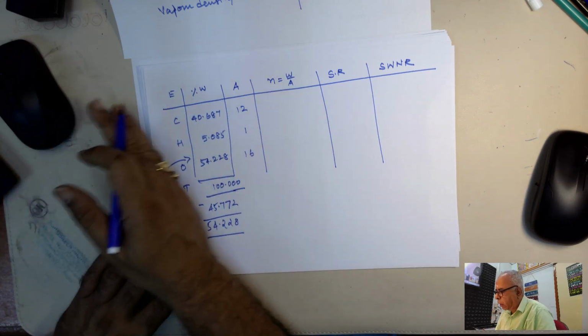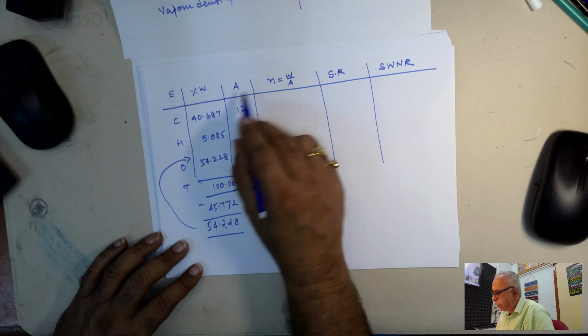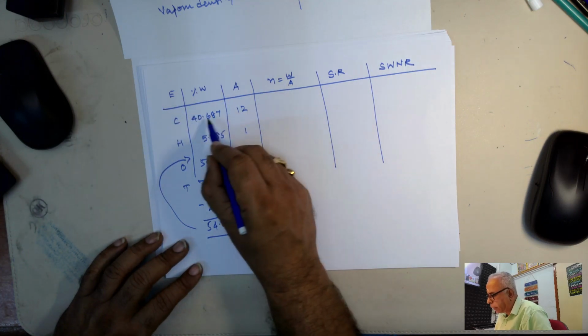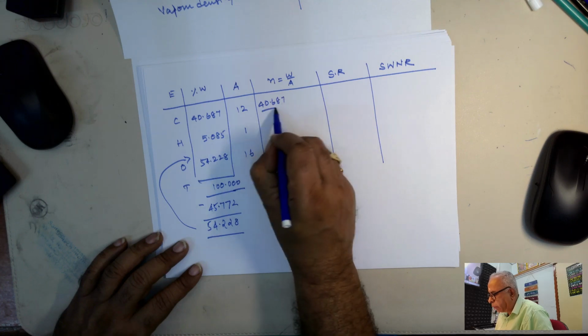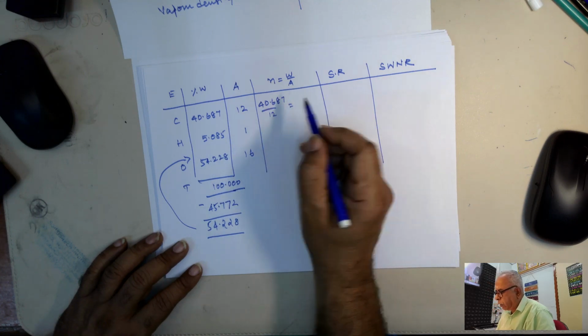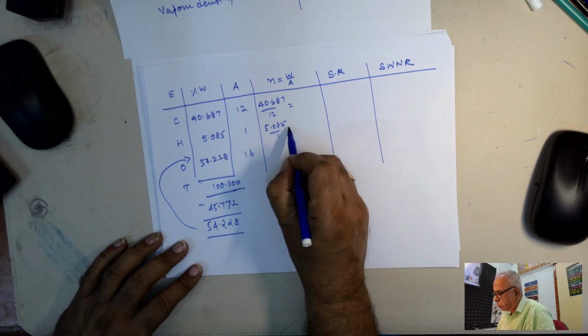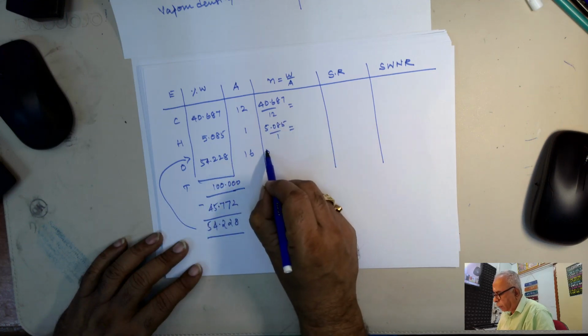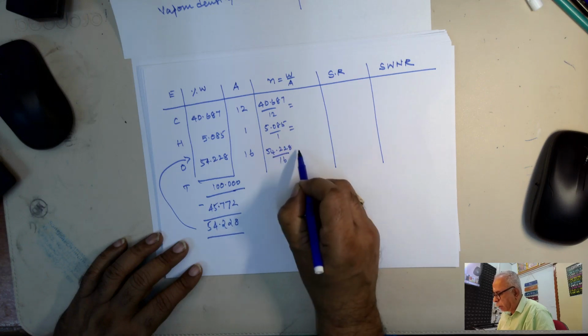Now you have to arrive at the moles. We know already weight by molecular weight. So, what is the weight here? 40.687 divided by 12. Similarly, 5.085 divided by 1. Similarly, 54.228 divided by 16.